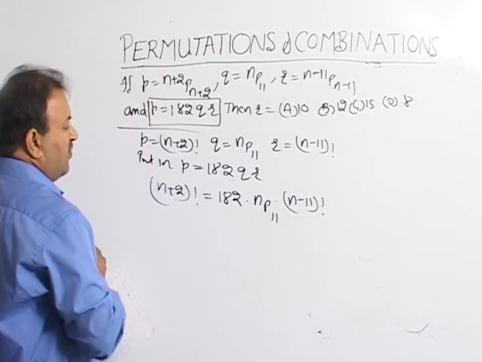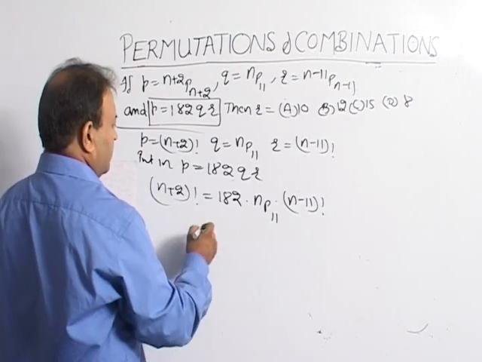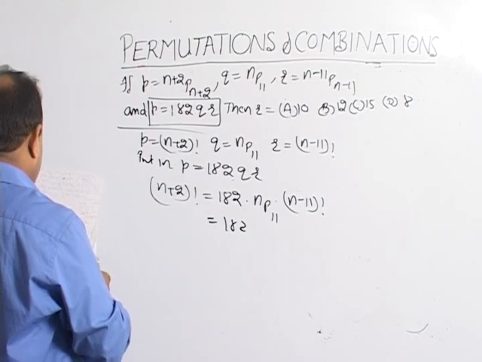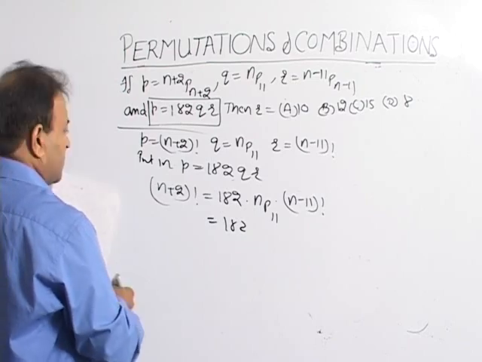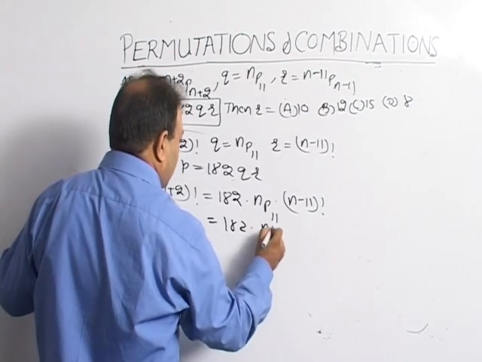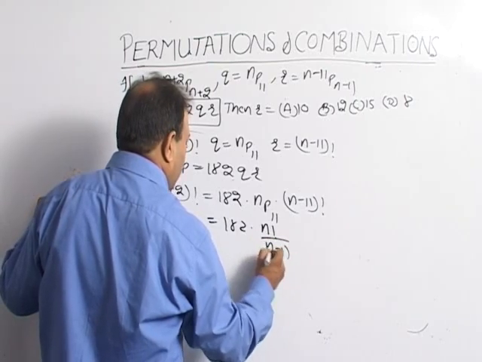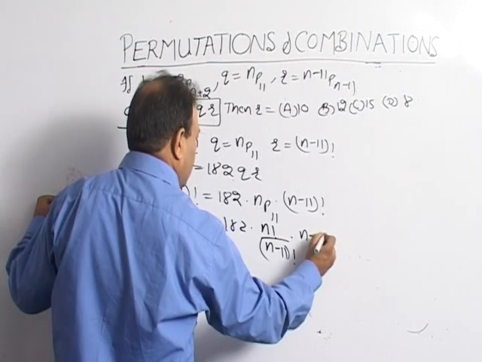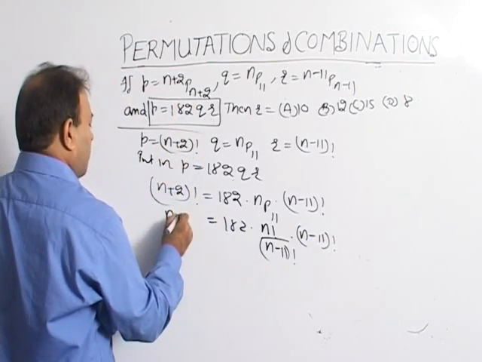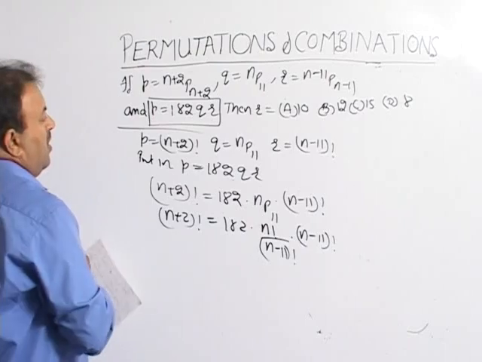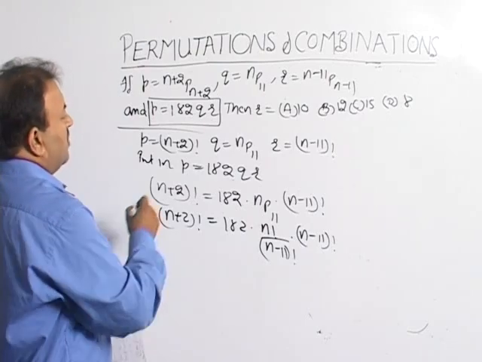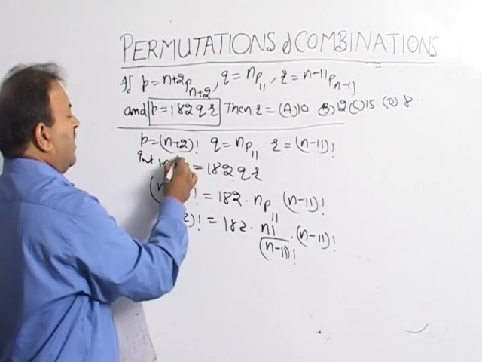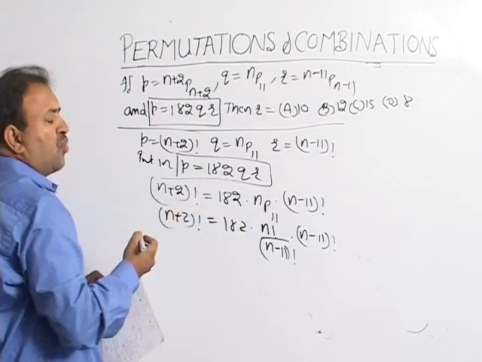To solve this, we can say this over here, 182, it can be written as n factorial upon n minus 11 factorial into n minus 11 factorial, n plus 2 factorial. जो relation इस क्वेश्चन में हमें given है वो ये है P is equal to 182 QR. हमारे पास और कोई ऑप्शन भी नहीं है.